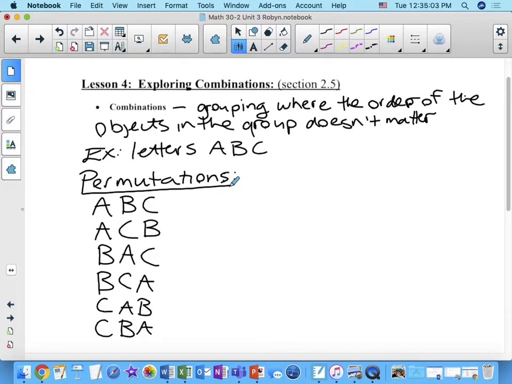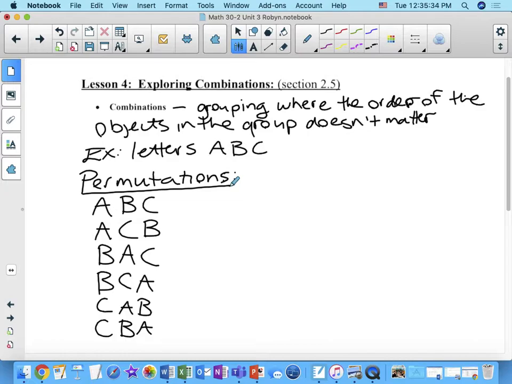Okay? How many ways can I group those letters? If I'm making a group of the letters A, B, C, how many ways can I do it? You got to have a group with the letters A, B, and C in it.